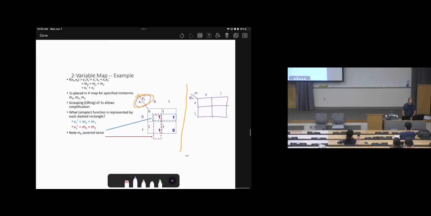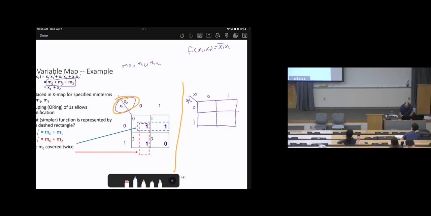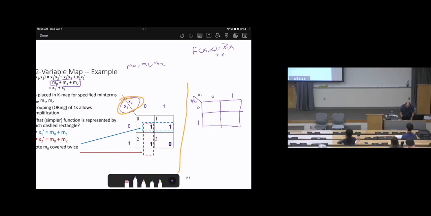Then look at this function. We have m0, m1, m2. Or you can look at the original function. F(x1, x2) is equal to x1 bar x2 plus x1 bar x2 bar plus x1 x2 bar.